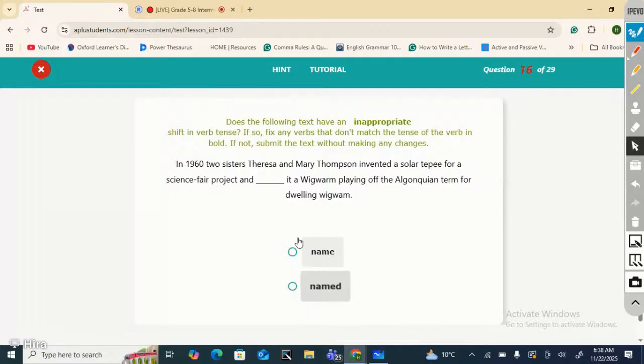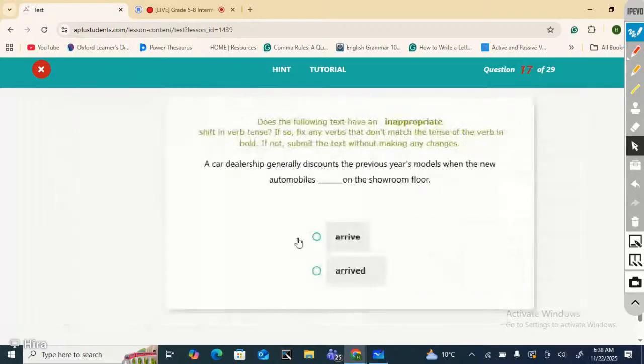Good. It's option two, named, because the first verb is invented. It's past tense, so we require another past tense verb, named.